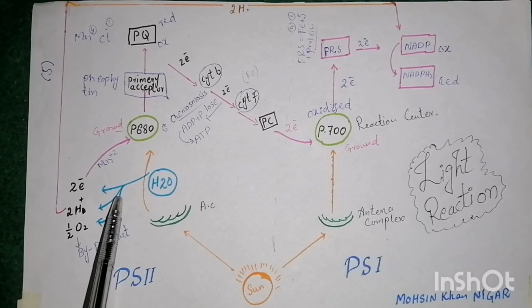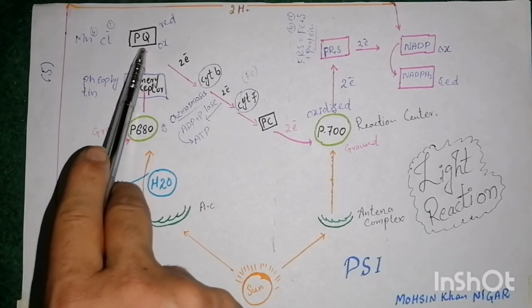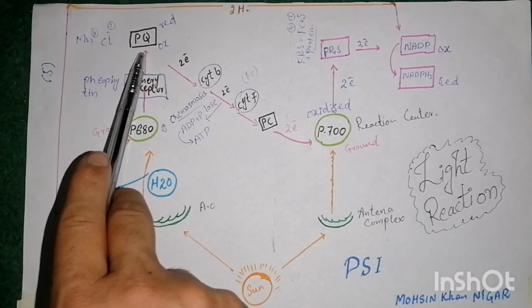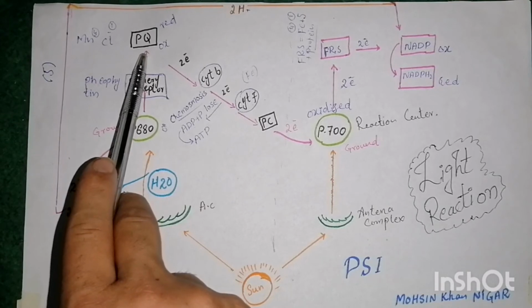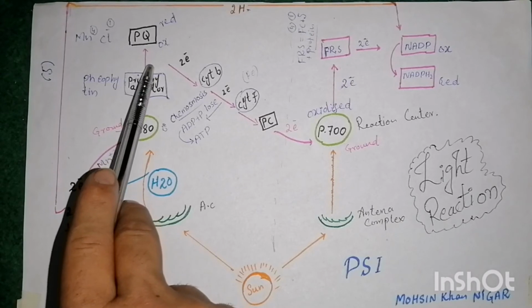These electrons are accepted by plastoquinone, which becomes reduced. Then the plastoquinone releases these electrons and becomes oxidized.